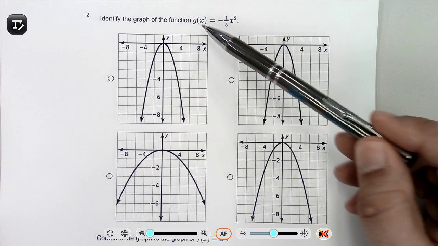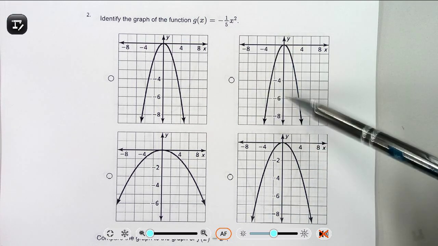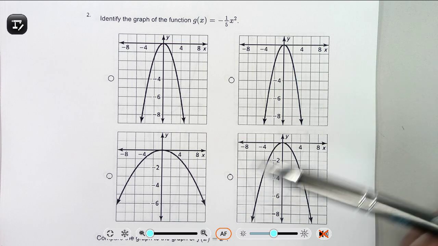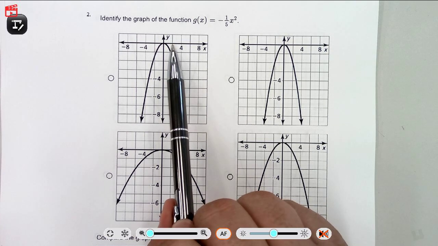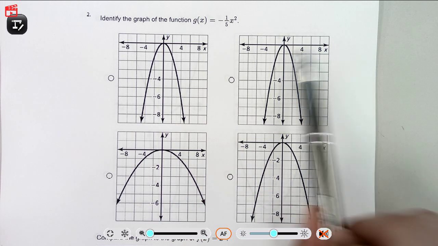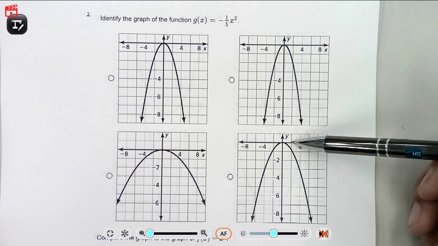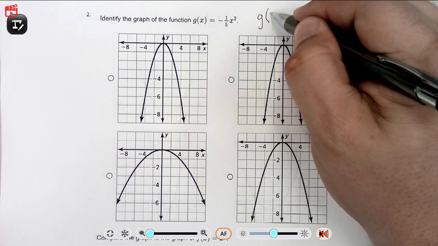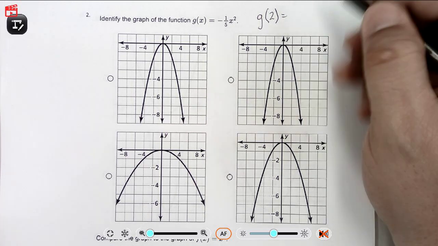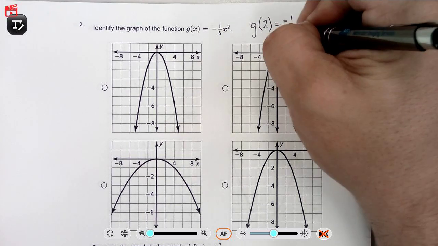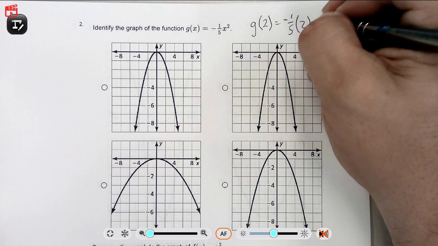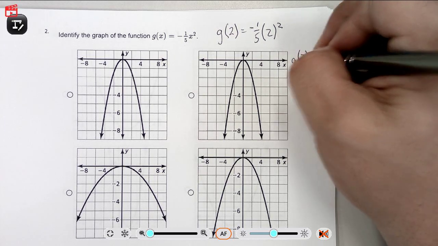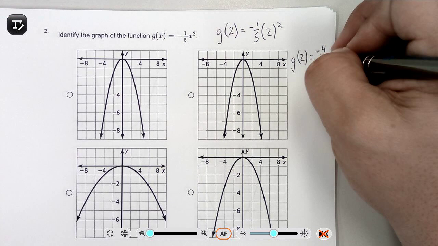So I'm going to find g of 1 and pick the correct graph once I know what g of 1 is. Actually, we're not going to do g of 1. We're going to do g of 2, since on this graph they're all counting by 2s, so it's easier. So g of 2 is negative 1/5 times 2 squared, so g of 2 is negative 4/5.